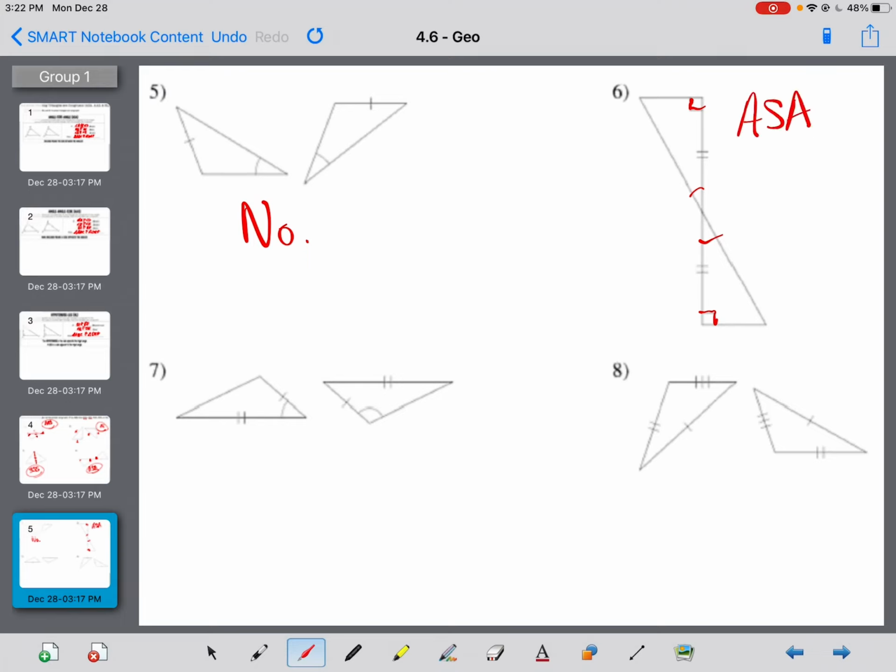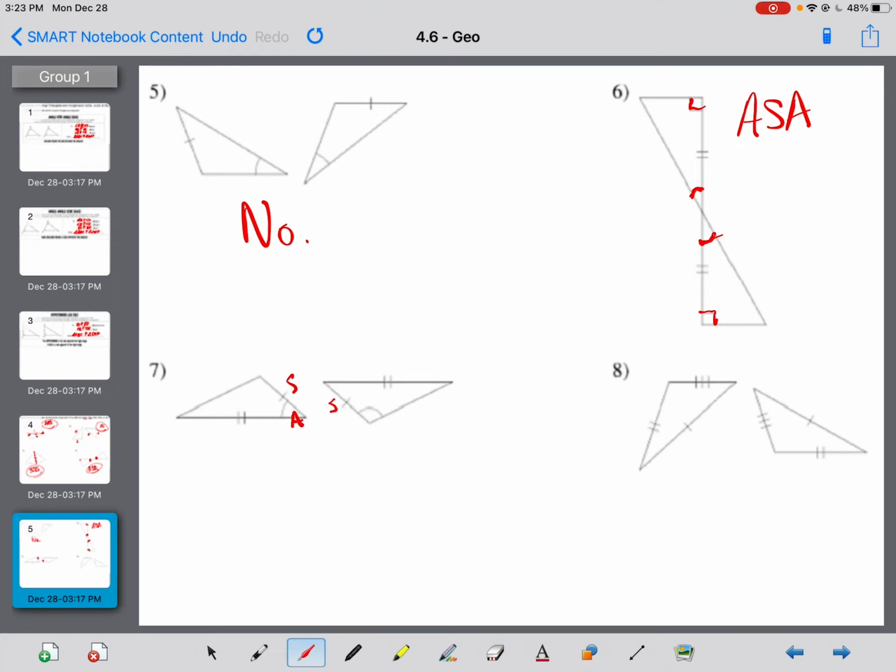We got a 90, we got a side, we got a 90. That's angle, side, angle. Maybe hypotenuse, leg, but you don't know that leg for sure. But you know the angles. If you don't know for sure, you can't say that those are the same yet. So, just angle, side, angle.